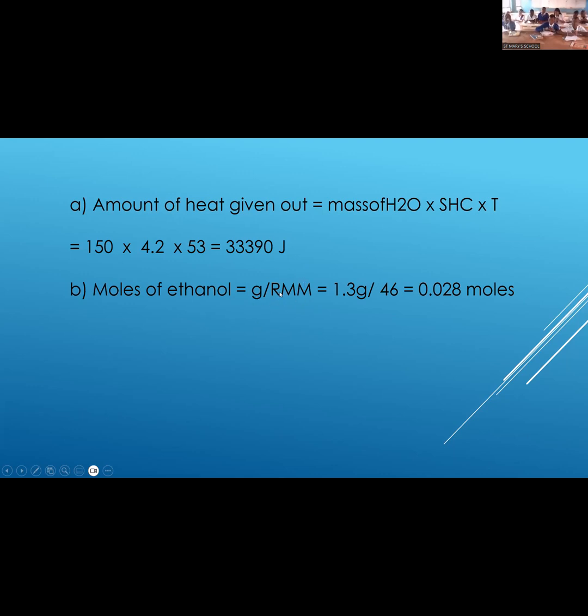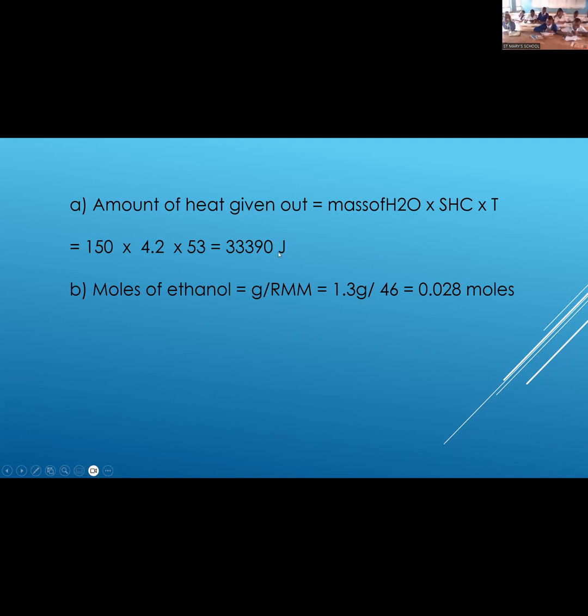You might call it the relative molar mass. It doesn't matter. It's the mass of 1 mole of ethanol, which you get by just adding up their atomic masses. So that's 1.3 over 46, which is 0.028 moles.